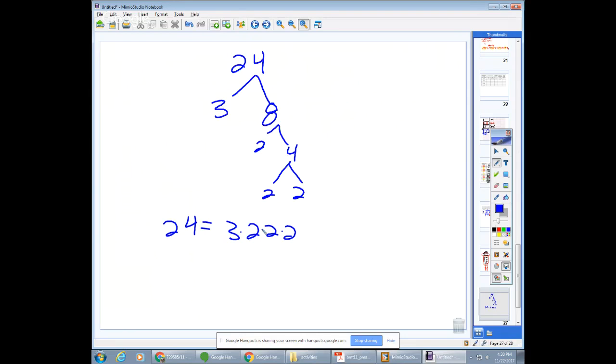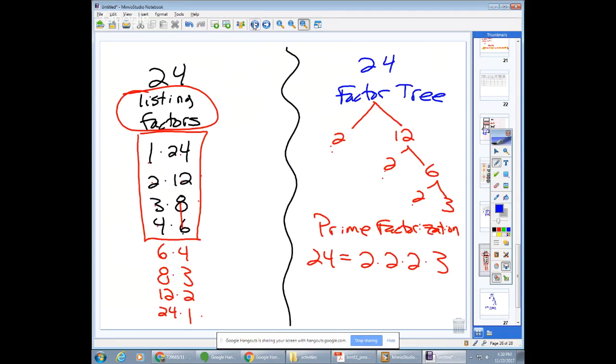Is there much of a difference between that prime factorization and this one? Just a different order, and we can multiply in any order we want. Sometimes it's easier to write exponential notation, so I could say this is 2 to the third power times 3. Or even 2 to the third times 3 to the first. Sometimes you'll see that first power written in there. We have a couple of ways to do that.